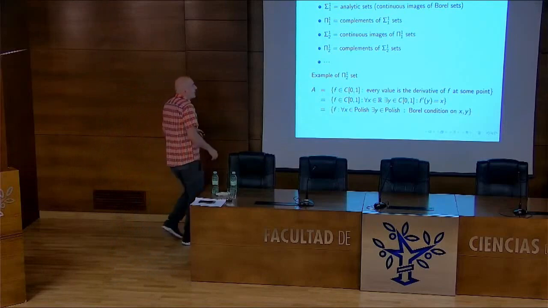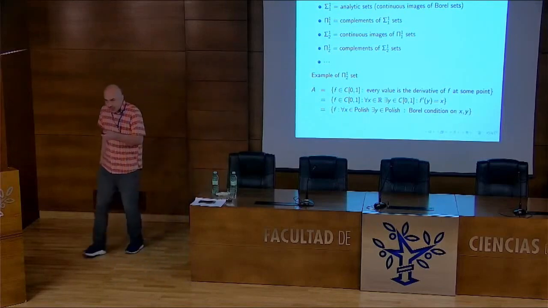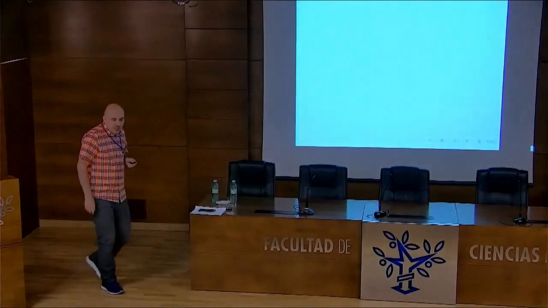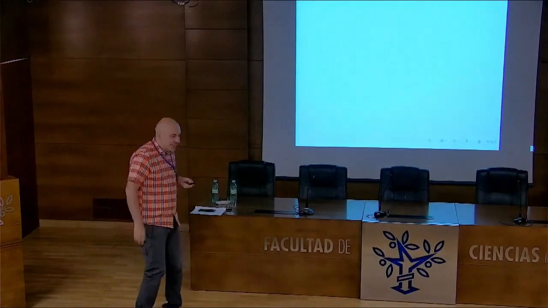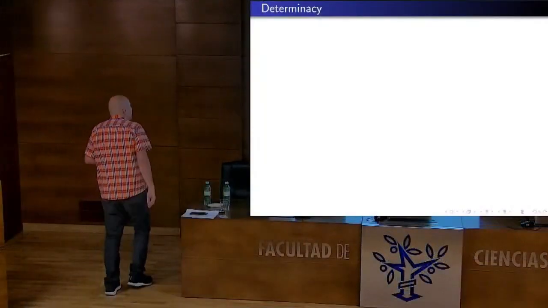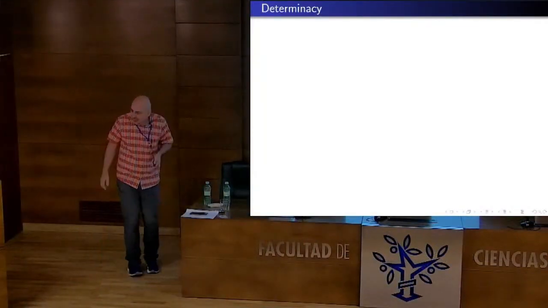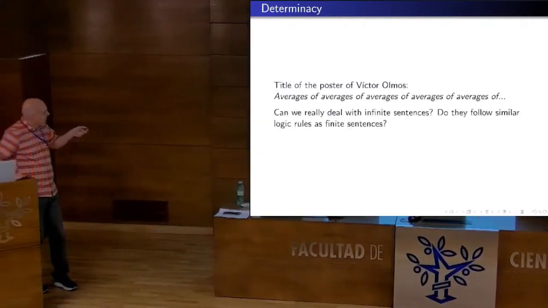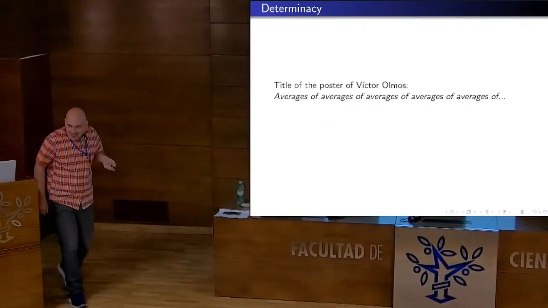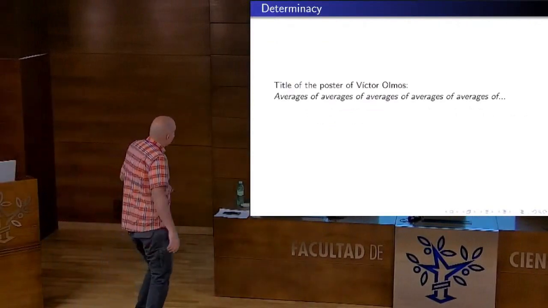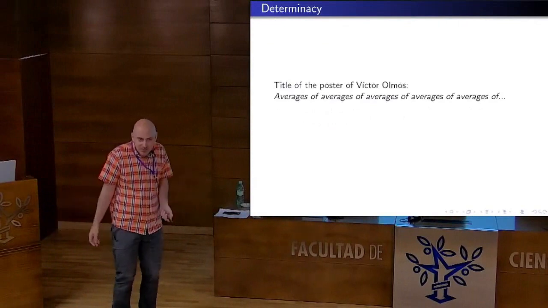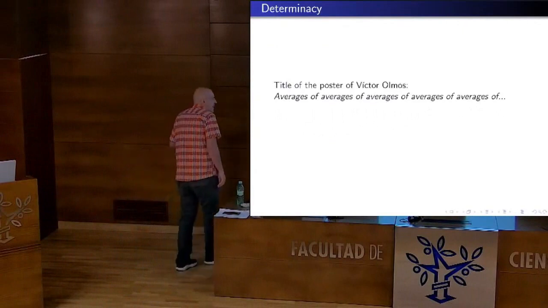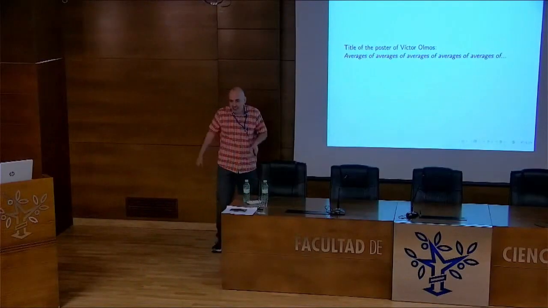Okay, so this is the projective hierarchy. And now I also want to remind you what determinacy is. To get an idea of determinacy, I was inspired by Victor's poster. If you have gone through the poster, the title is averages of averages of averages of averages of averages of, and then dots.